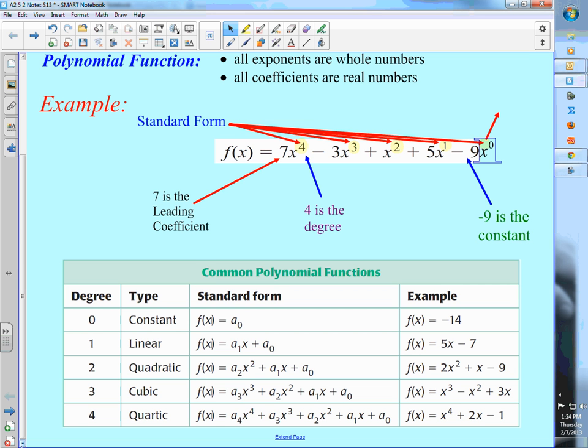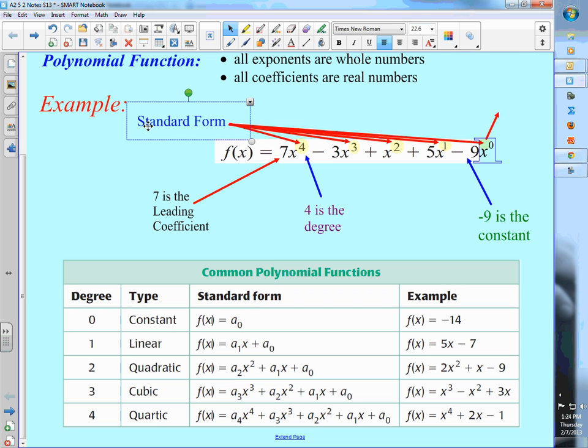The degree of the polynomial function is the highest power on the variable. So look at all the variables, find the highest power, that's your degree. Now we would like, and we would encourage you, to write what we are identifying right here as standard form. Standard form, another name for this that you may have heard before, especially when you learned factoring.